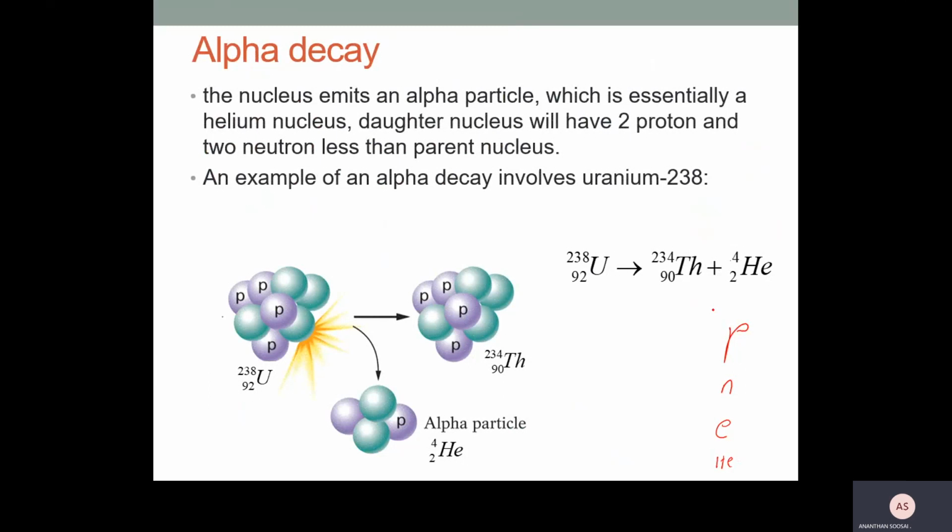Proton is what? 1, 1. This you have to remember. Neutron is 1, 0. Electron is, helium. This you have to remember. This they won't tell you. You have to know. This you have to remember. Other than that, they will give you.